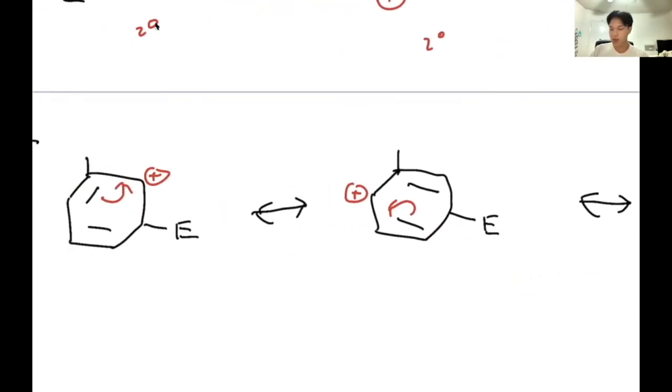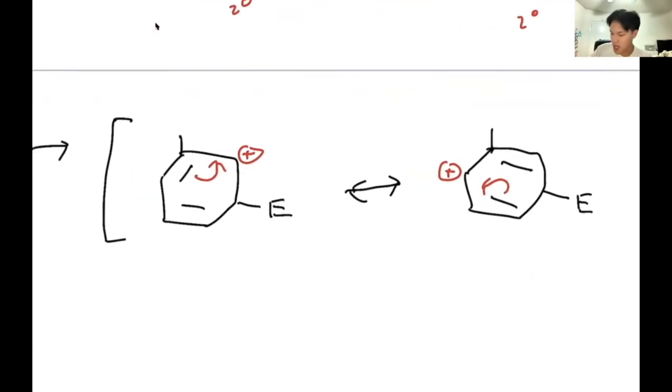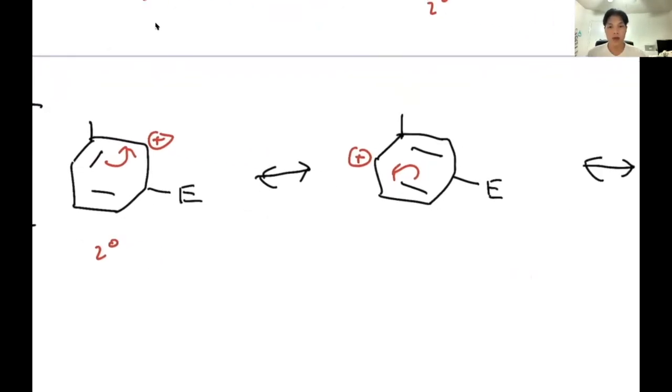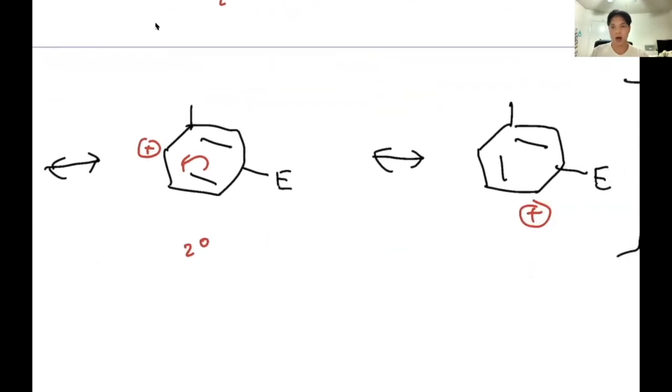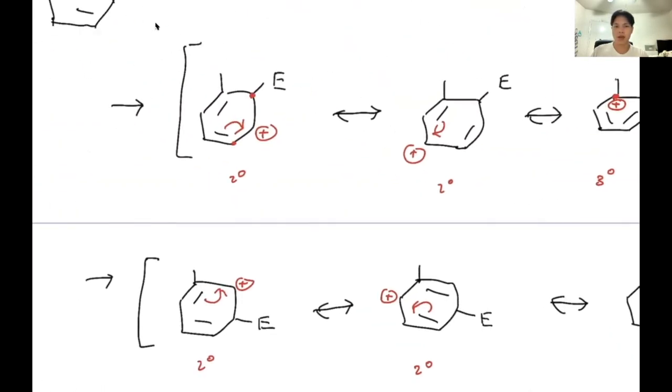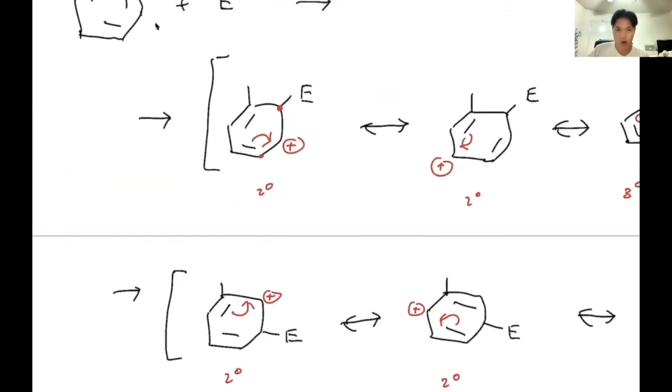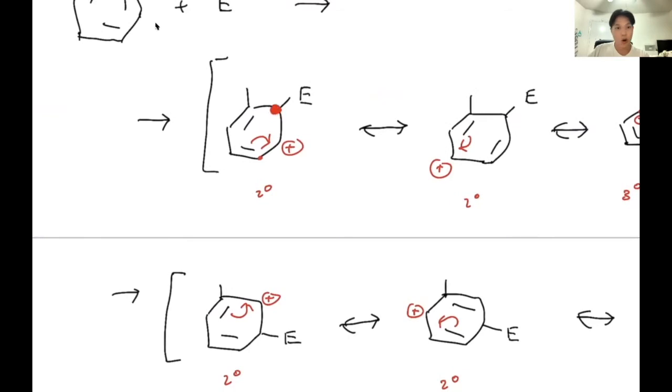So again, let's do what we did up top. Let's classify these carbons. So this one is a secondary carbon, right? As you can see, secondary carbocation, pretty good. This is also a secondary carbon, and this is also a secondary carbon. So a little weird. Let's see. If it's added ortho, right?